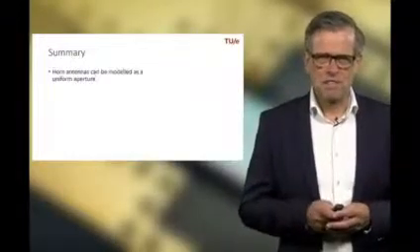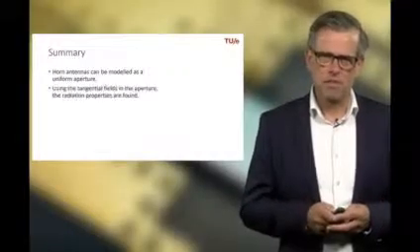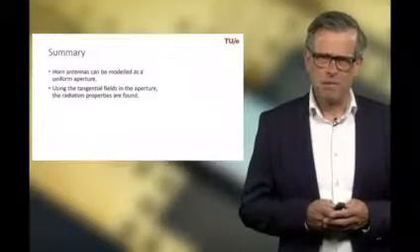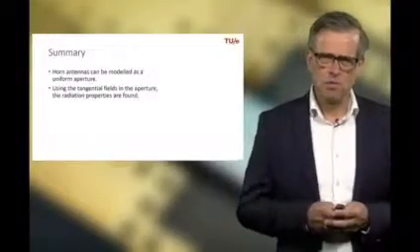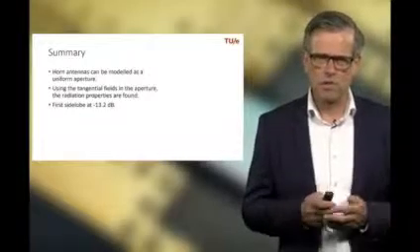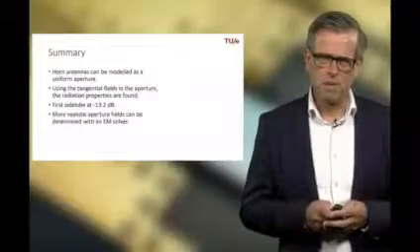So to summarize, we have shown that horn antennas can be modeled as a uniform aperture. By using the tangential fields in the aperture, we can use our recipe to calculate the radiation properties. We saw that for the uniform aperture we get the first side lobe at minus 13.2 dB.